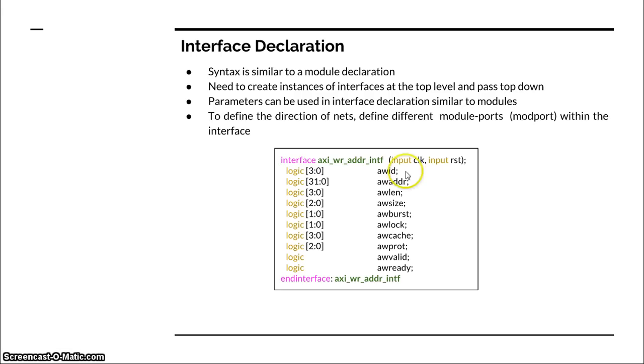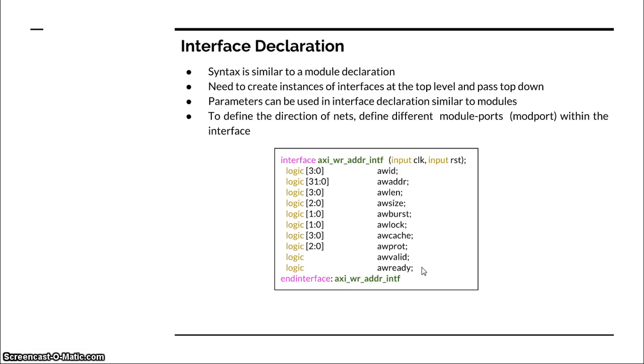For example, if you are using this interface in the DUT, where it is accepting data from the outside world, then all the signals, WID, address, length, up to the WPORT, will come in as inputs to this module, so they should act as inputs within this interface. Valid will be an input and ready will be an output signal. But in the same way, if you want to drive those signals from the testbench, then all the signals will be outputs in the testbench and this will be an input to the testbench.